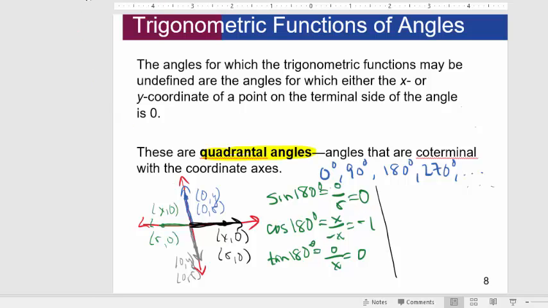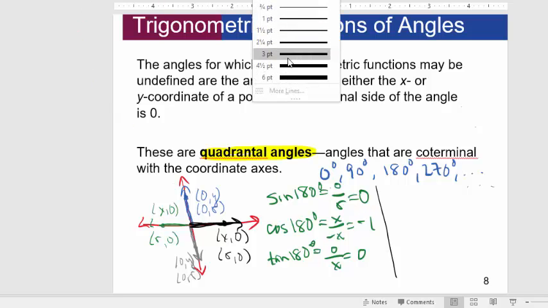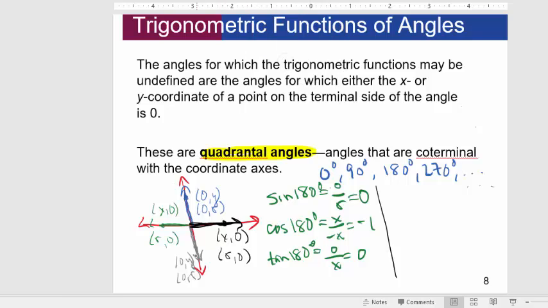And then a similar thing is going to occur at 270 degrees. Sine is y over r, but in this case, y is negative, so r is really the opposite of y. So when we do sine of 270, we're really doing y over negative y, so we get negative 1.